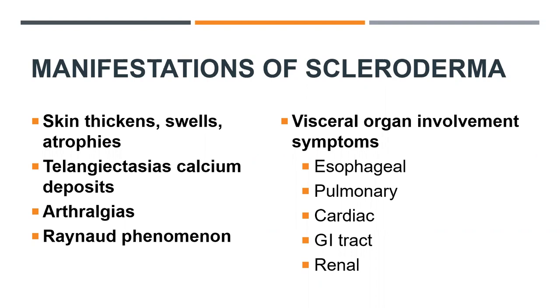Sclerodactyly is a shiny, tight appearance, and it looks like the skin is starting to atrophy on the fingers or toes. And then the last is telangiectasia. Telangiectasia is another aspect of scleroderma.